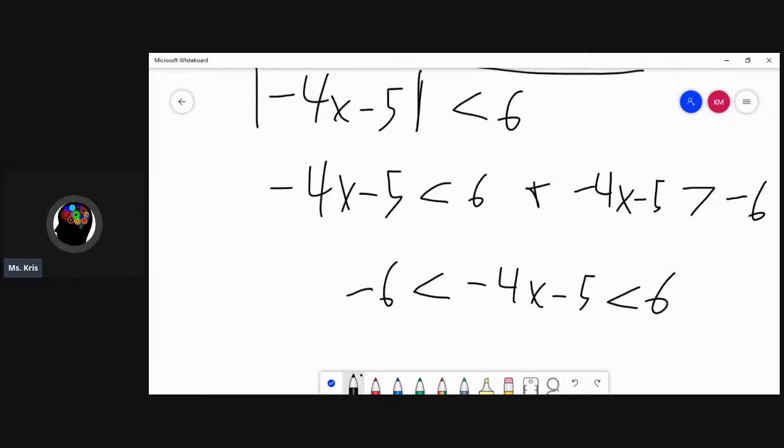If you notice with our signs, they are showing you that, hey, my number is greater than negative 6. Also, my number is going to be less than 6. So they're going to meet in the middle.